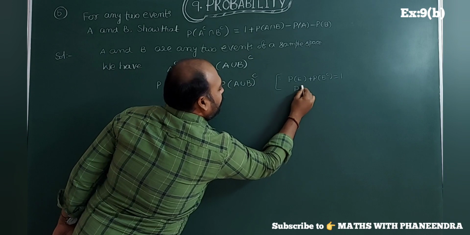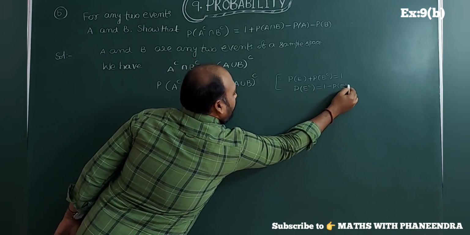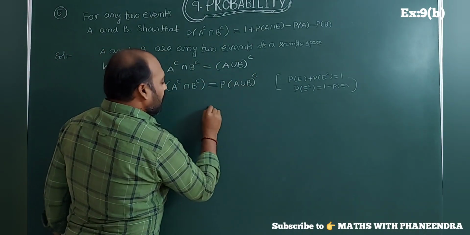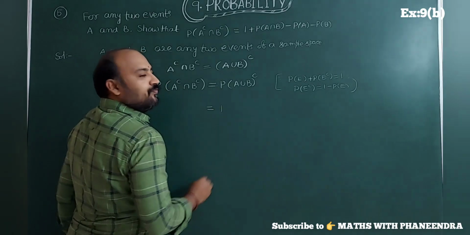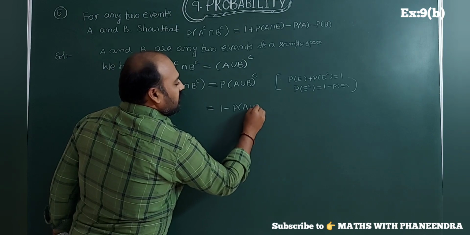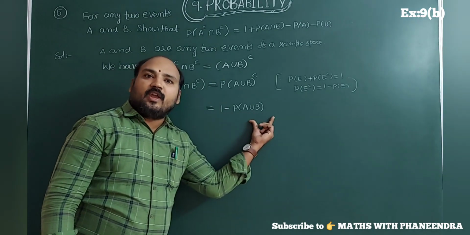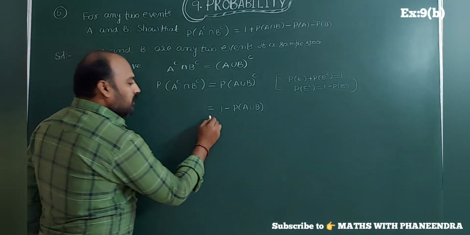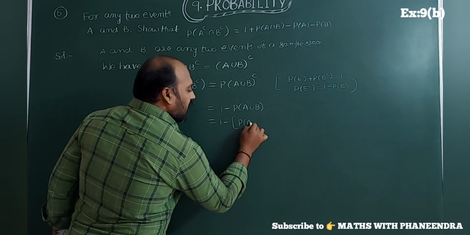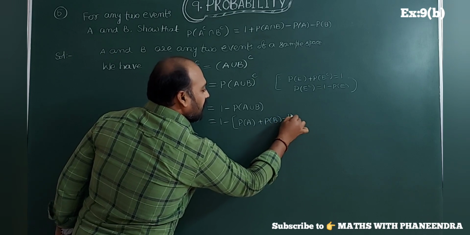So from that P of E complement can be written as 1 minus P of E. So by using this property, P of A union B whole complement can be written as 1 minus P of A union B. By using addition theorem on probability, P of A union B we know the formula, so 1 minus, keep bracket, P of A plus P of B minus P of A intersection B.